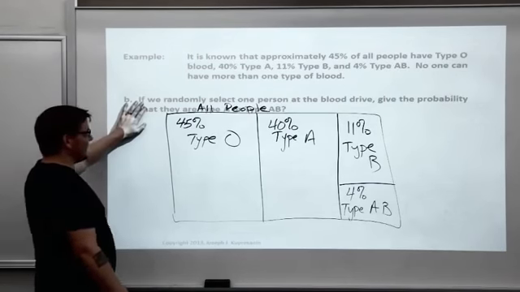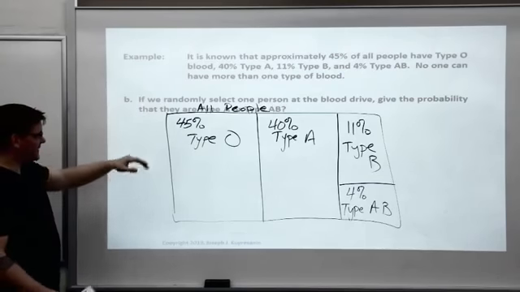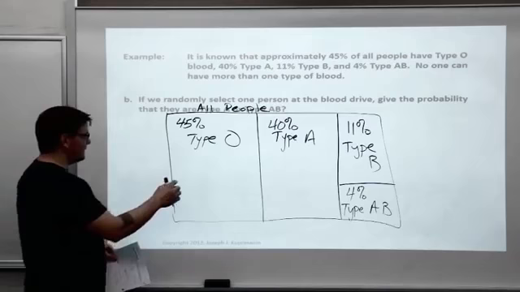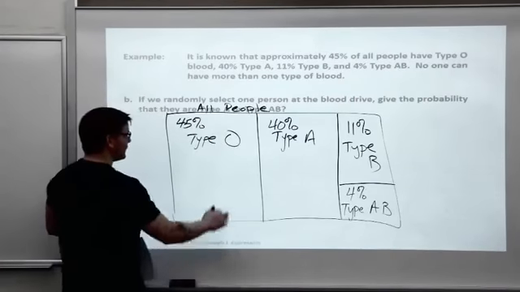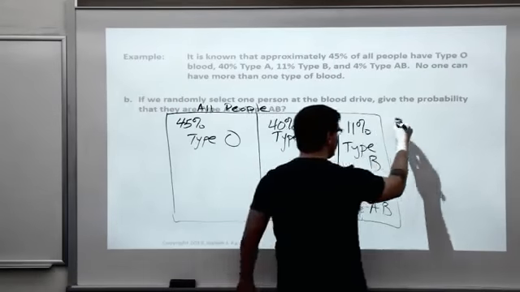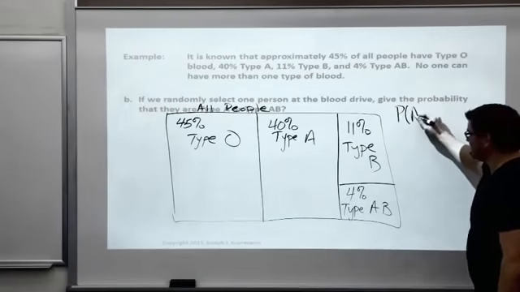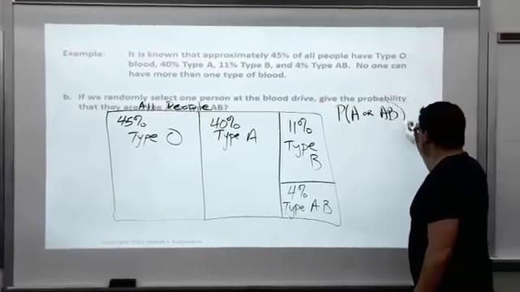If we randomly select one person at the blood drive, give the probability that they are type A or type AB. All right, I'm going to keep the picture because I'm lazy, but you can see in your notes we're doing type A or type AB. We'll put the answer over here on the side. Probability that you're type A or AB.